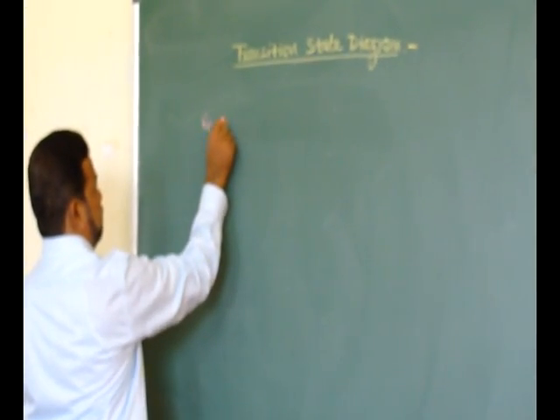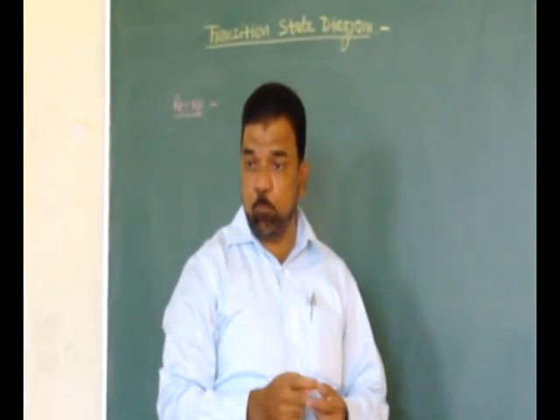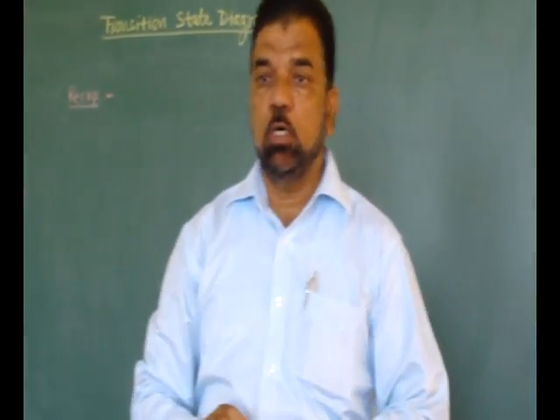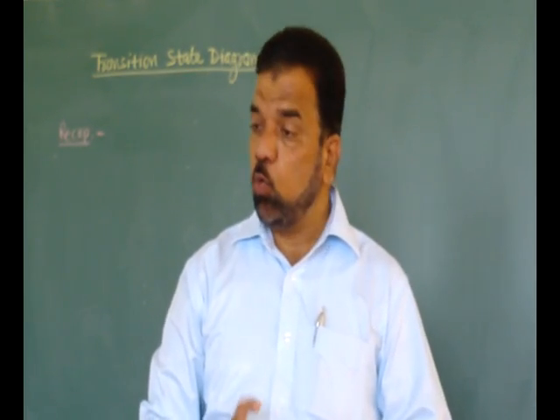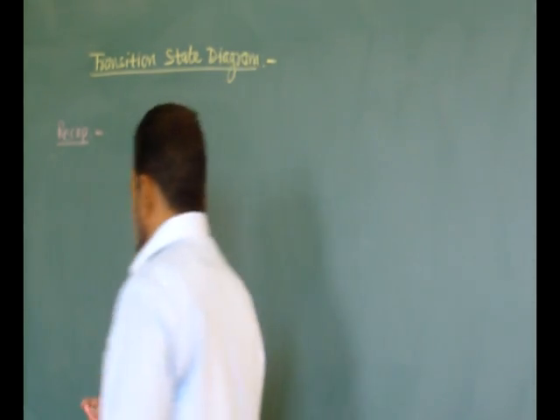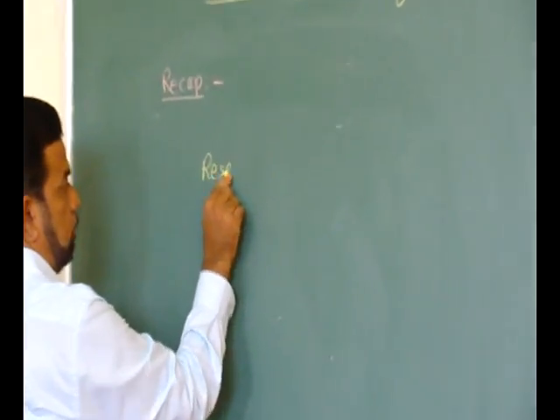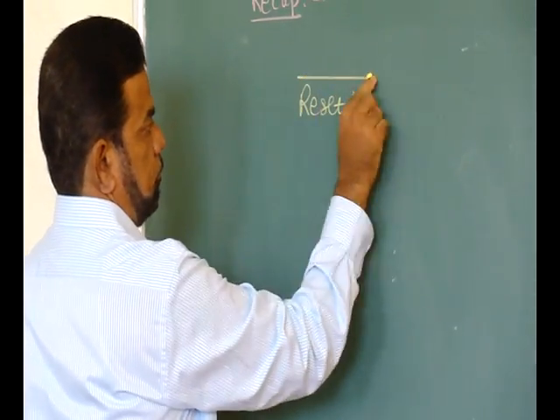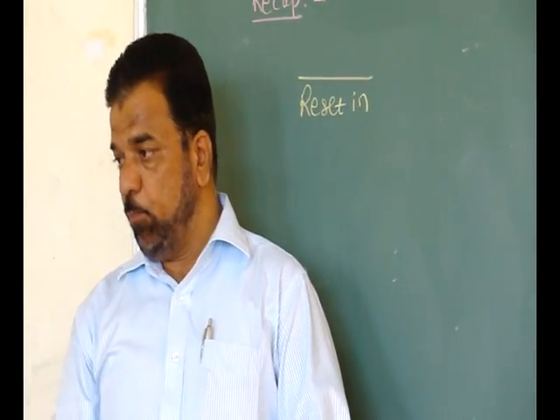So let us recap certain things. Certain processor pins we have to recall, and two instructions. What is the meaning of reset? For the processor, you have one pin called RESET IN bar. This is an active low input pin.